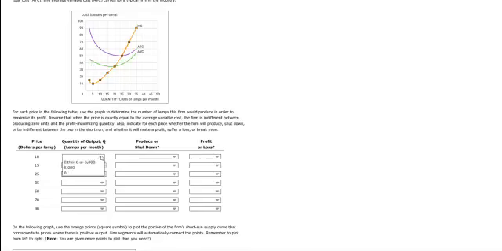So the quantity of lamps produced is going to be 0. You're at a point of shutdown, and your marginal cost is far less than your average total cost, so you're definitely making a loss on that product.